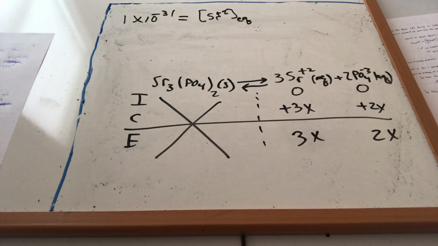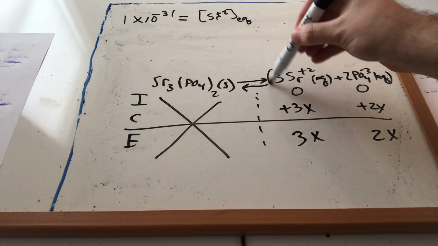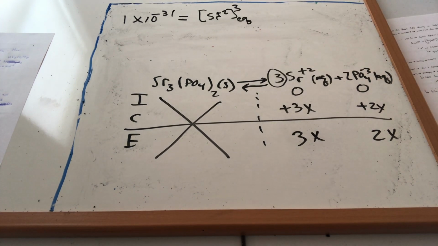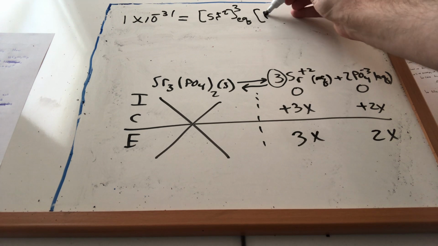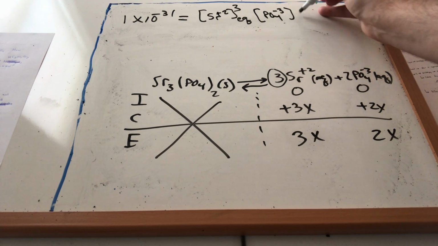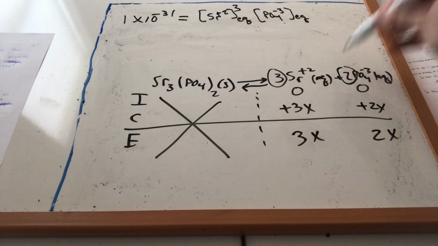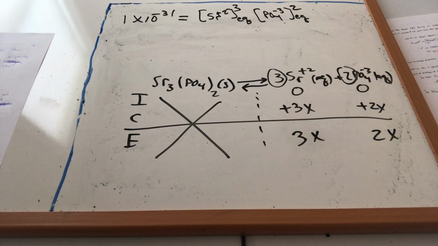But again, let's be careful. What do we do with it? We raise it to the 3rd power. All right. We should take our PO4 concentration at equilibrium. That's from the E spot of the ICE table. And what do we do? We raise it to the 2nd power.